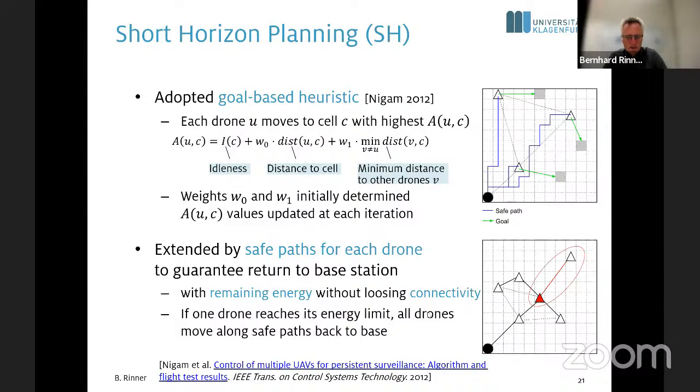And we did this by introducing so-called safe paths for drones, so that at each point in time they are able to return back to the base station in order to recharge their batteries when the battery is about to get depleted. And so the consequence of the safe path is that since we want to maintain connectivity, the neighboring drones also need to move towards the base station to keep the network connected.